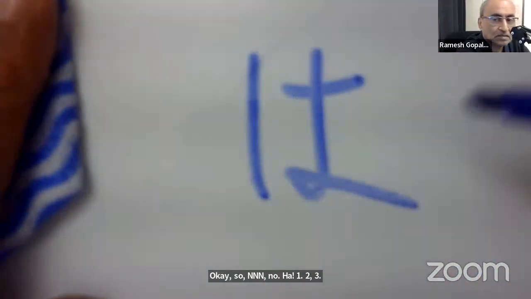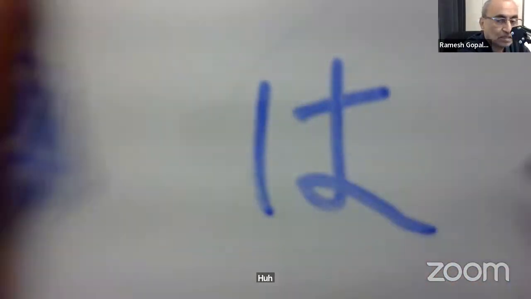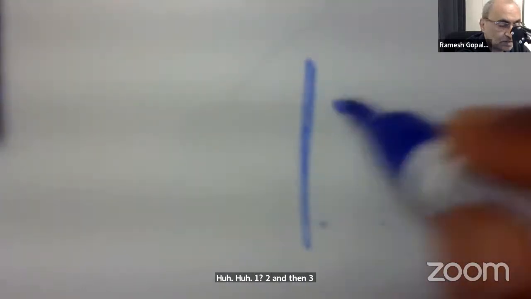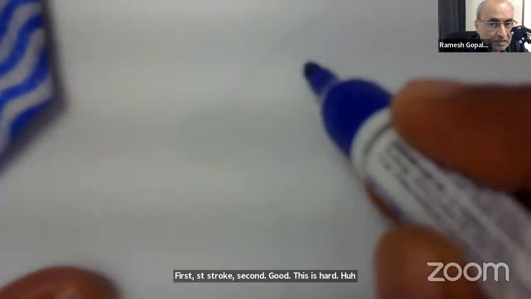Ha. 1, 2, 3. Ha. 1, 2, and then 3. First stroke, second, third. This is ha. And katakana ha: 1, 2.